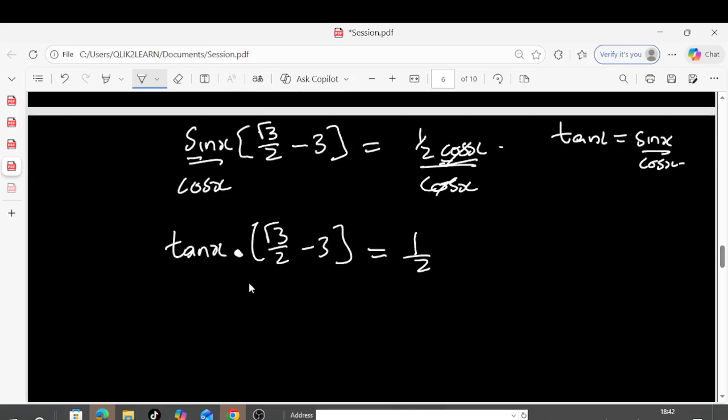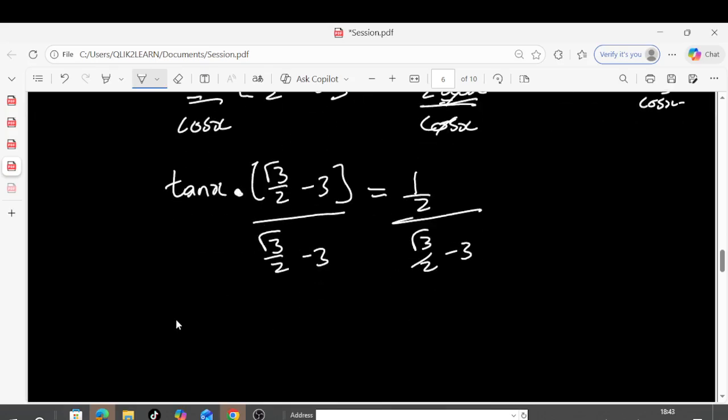Then I can just divide both sides by the root 3 over 2 minus 3. So this will be the tan of x.